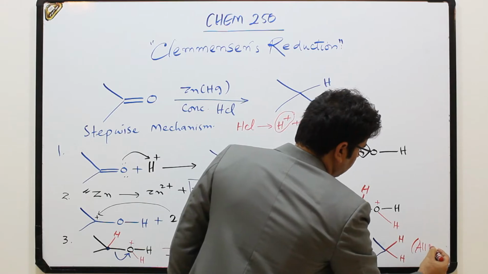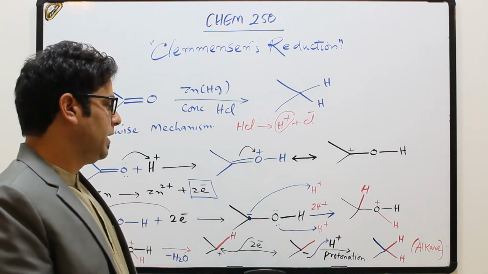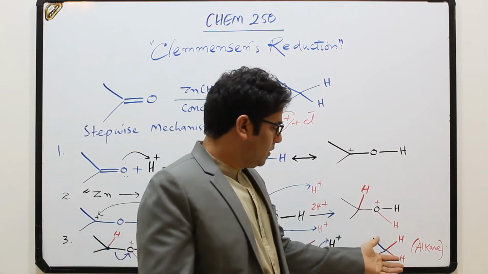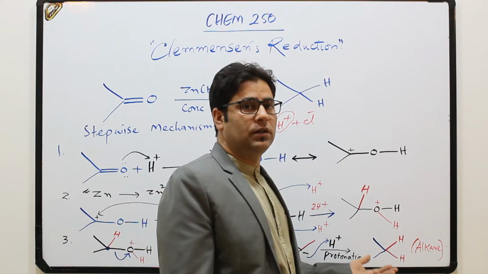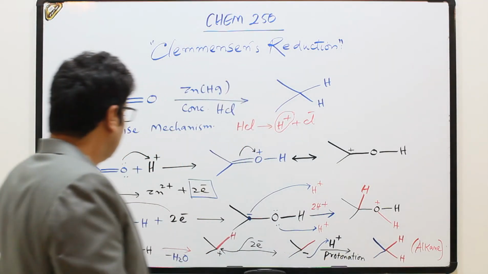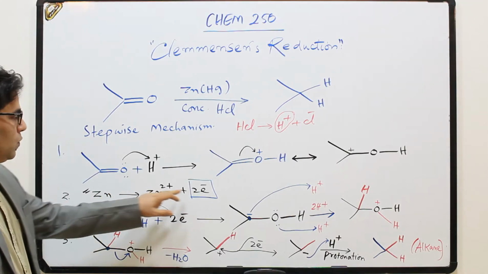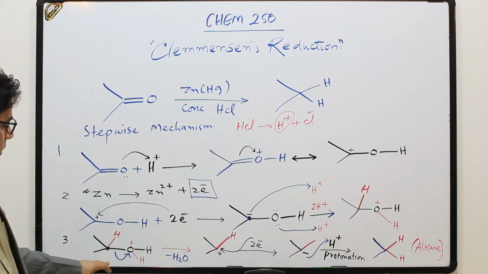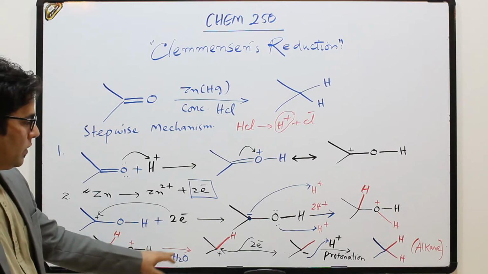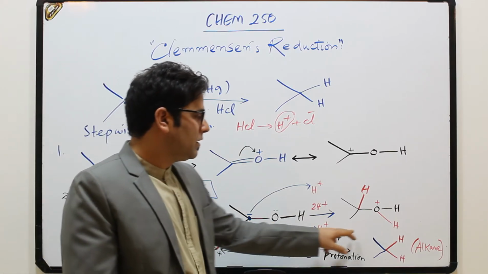This is the alkane. This is the general mechanism of the reaction. You can show these two hydrogens here at the end; if you do not show, it is still the same. So step number 1, step number 2, zinc will give 2 electrons. In the third step, there is again release of a water molecule, again 2 electrons come and attack this carbon, and the alkane is formed.